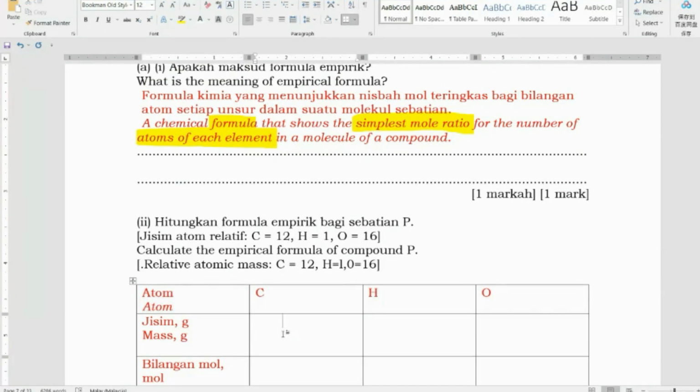So carbon, how many gram for carbon? Okay, BB, can you give us your answer? How many gram?